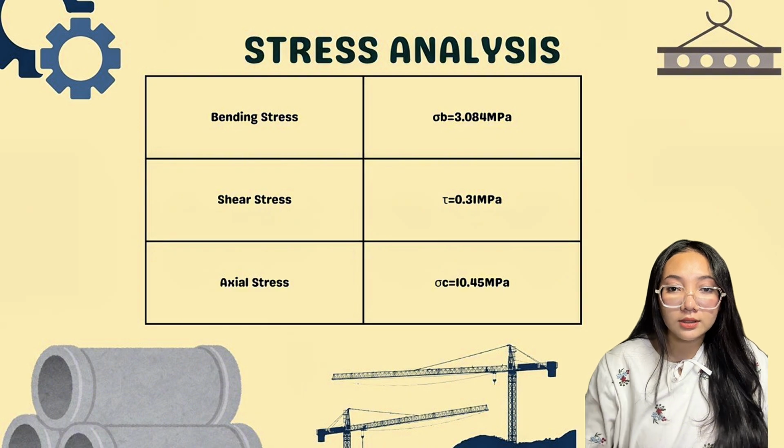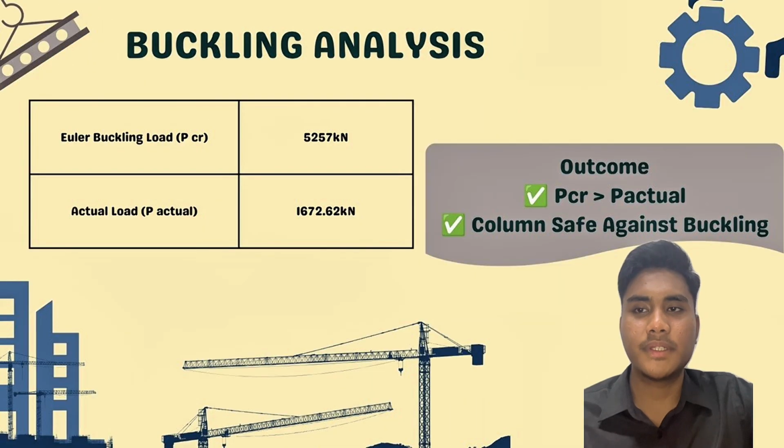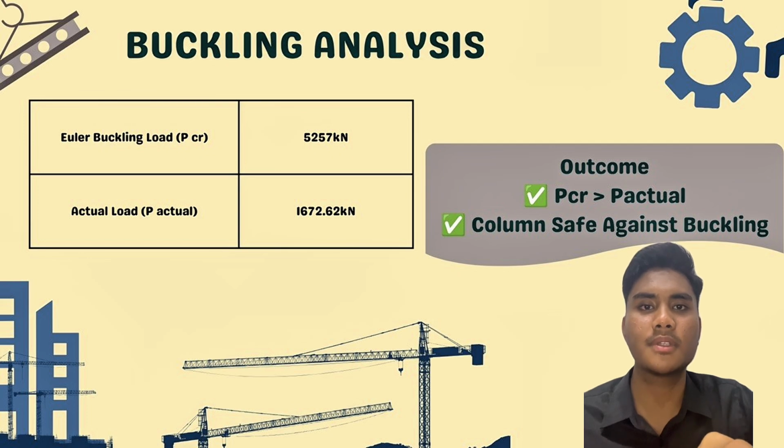structural performance. For buckling analysis, the slide presents the buckling analysis of the selected column. Buckling is a failure mode that occurs when a column subjected to compression becomes unstable and bends sideways before the material reaches its strength limit. To evaluate the column stability, Euler's buckling formula was used.